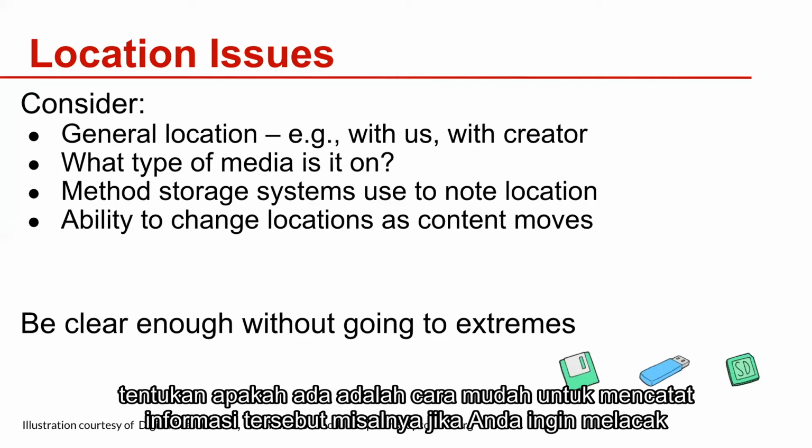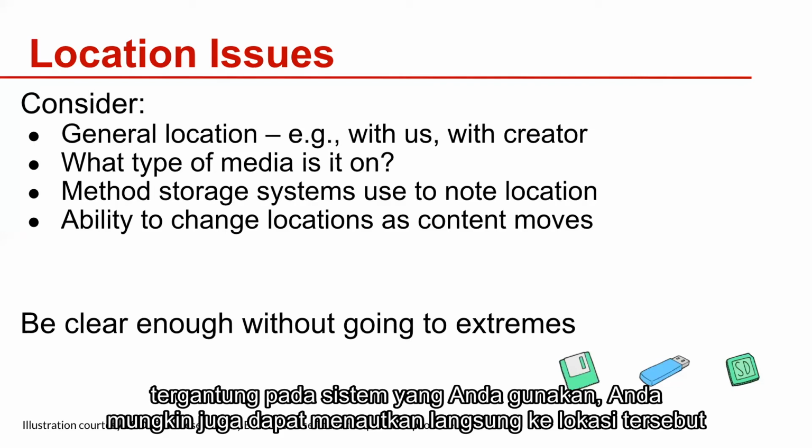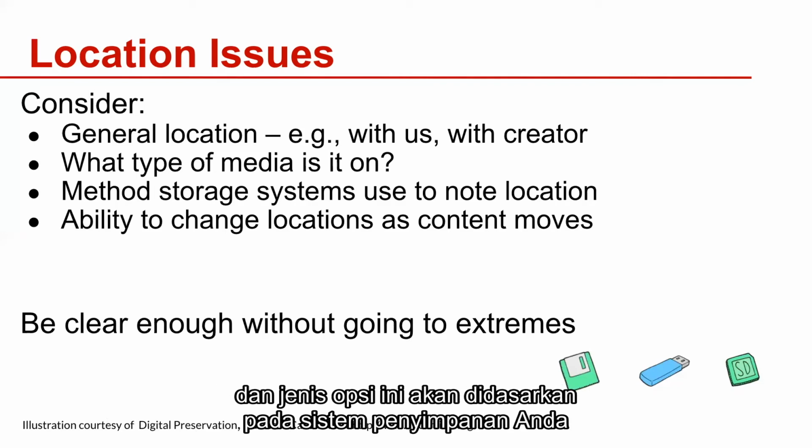For example, if you want to track the location in a network storage area, you can often cut and paste the location from the Windows menu. Depending on the systems that you're using, you may also be able to link directly to that location. And these types of options are going to be based on your storage system.